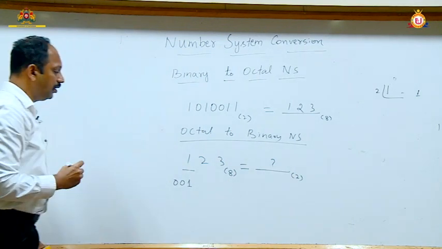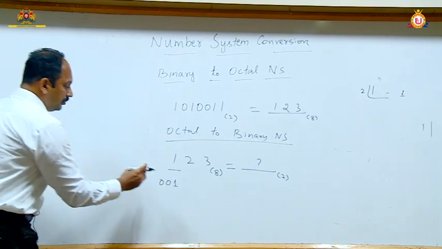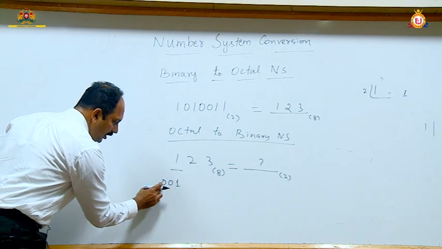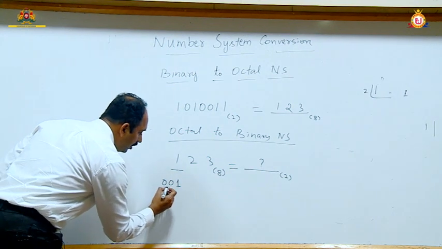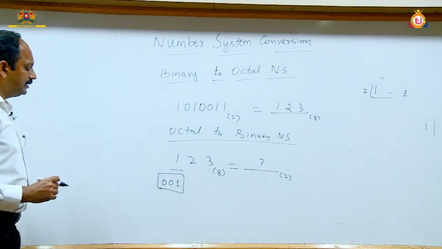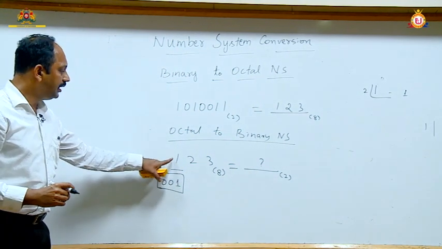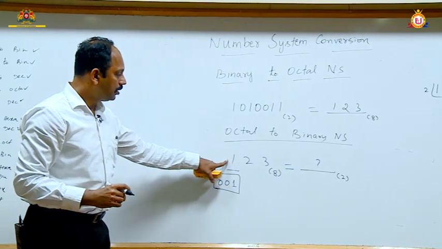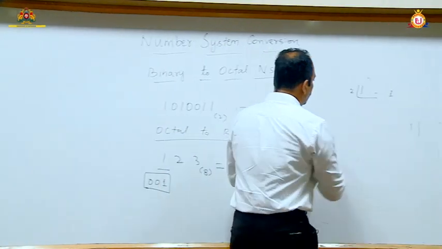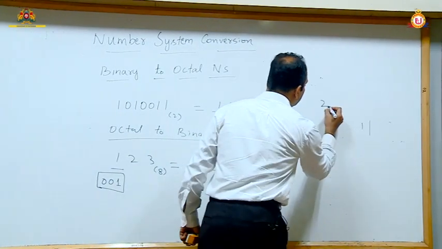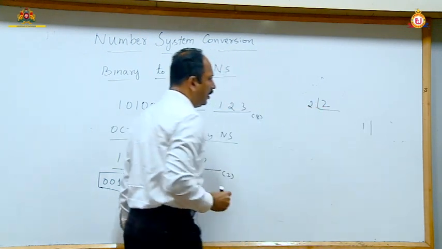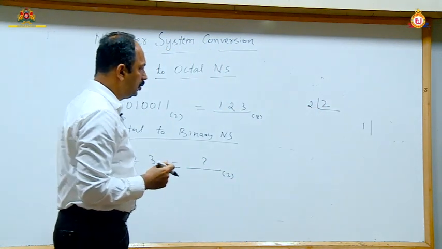So the 1 should be prefixed with 2 binary zeros to make a group of 3 binary digits. So this is the binary equivalent of octal 1. The next is 2. The 2 is divided by the binary base number 2.